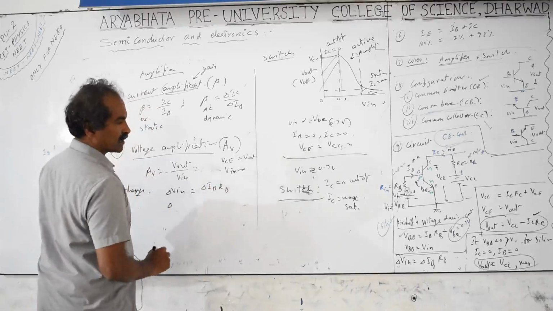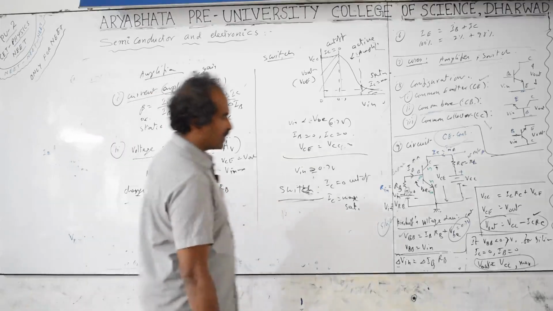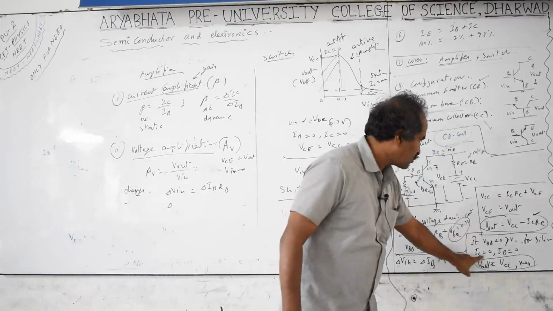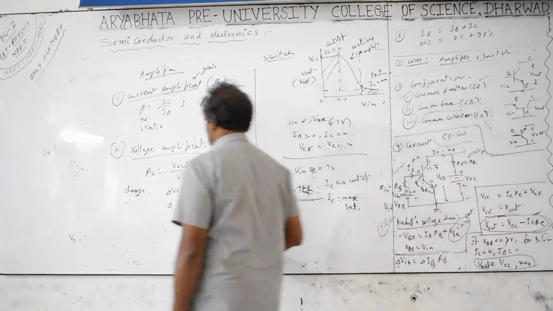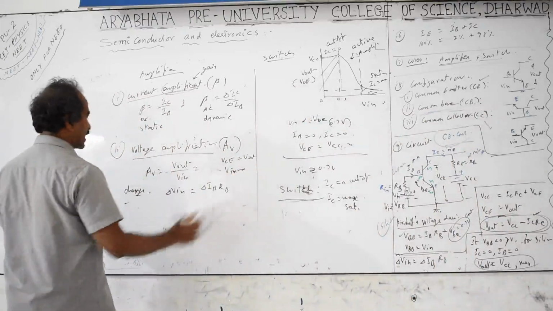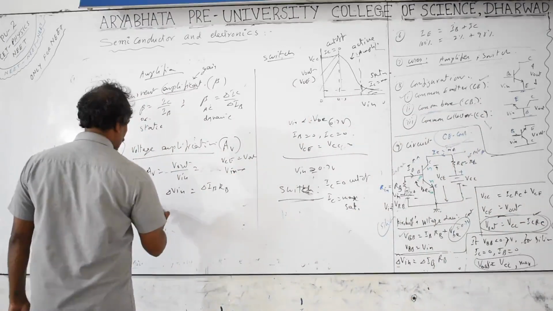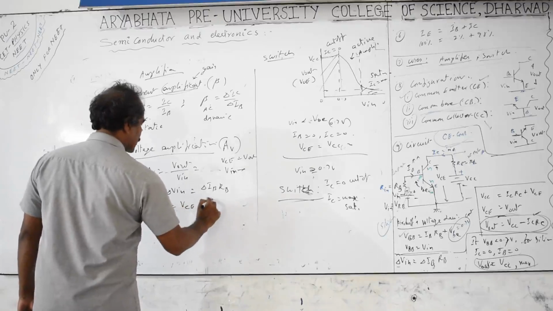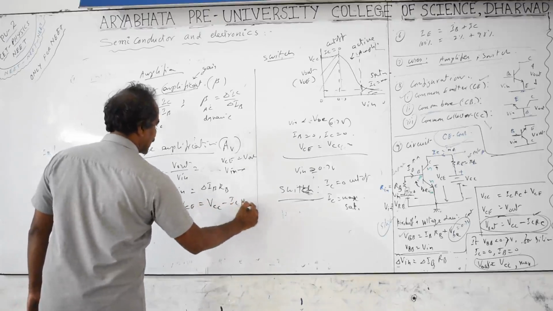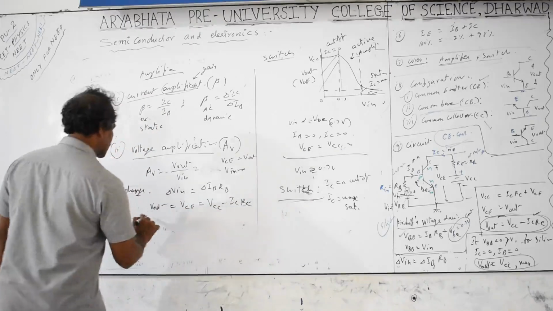And if you take the delta output voltage, these are fixed values. For V out, if you check the change values it means delta, but the VCC battery voltage is constant, so V out, which is nothing but VCE, equals VCC minus IC RC.